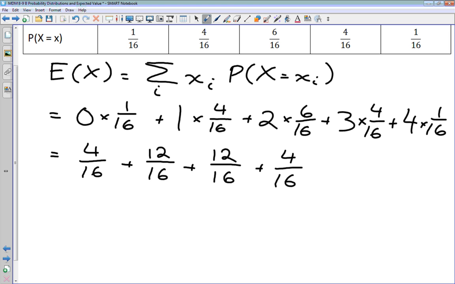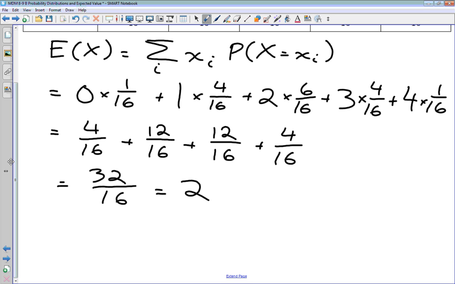If I add all of these up, I get 4 plus 12 is 16, 28, 32 over 16, or 2. Therefore, if we were to do this experiment over and over, on average, we would expect 2 heads to turn up.